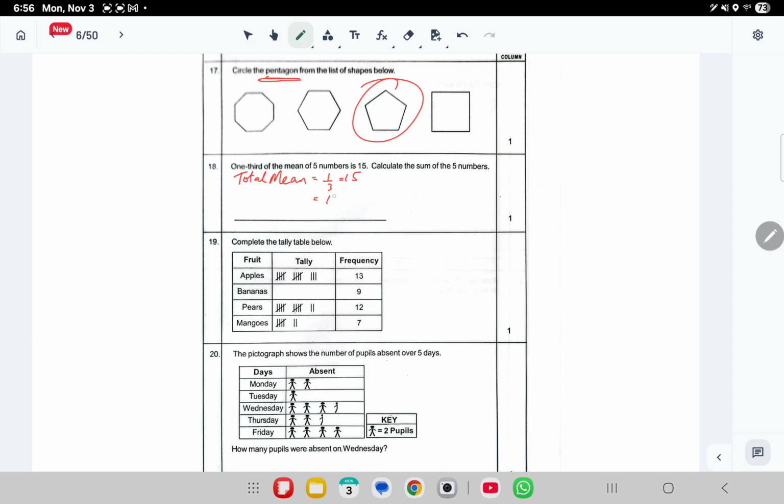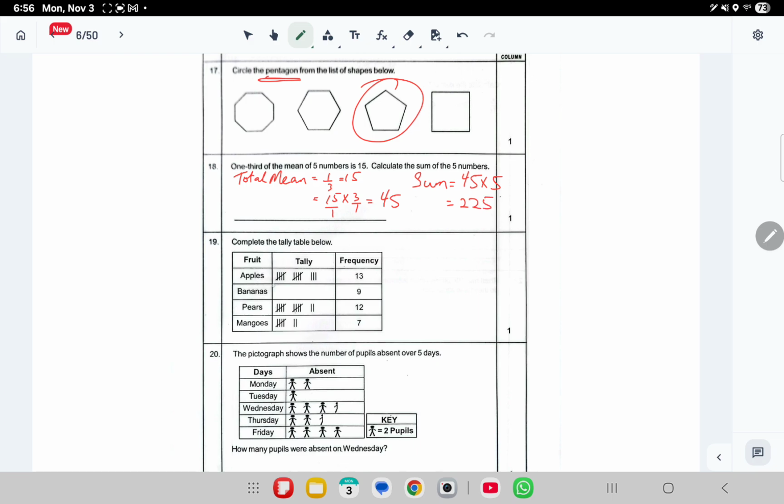So to calculate the total, you take the quantity given and multiply by the inverse of the fraction. So 15 multiplied by 3 is 45. So we know the mean of the 5 numbers is 45. Now we can calculate the sum. The sum would be the mean multiplied by the number of numbers, which is equal to 45 multiplied by 5, which is equal to 225.